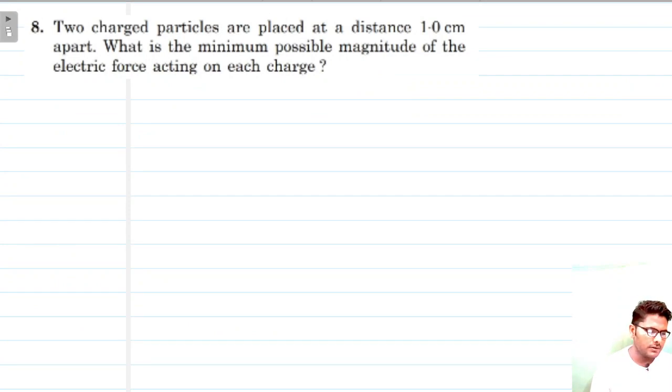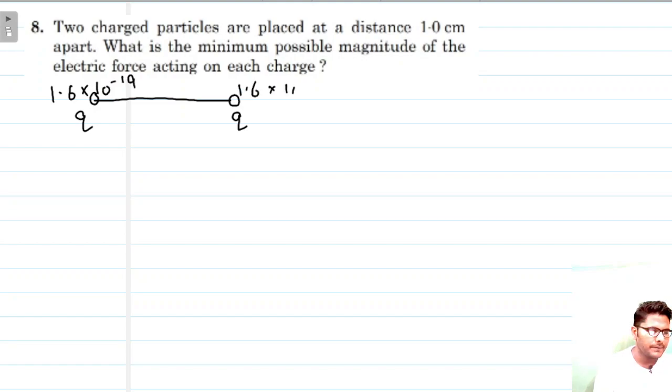Question number 8. Two charged particles are placed at a distance of 1 centimeter apart, and what should be the minimum force between them? So for the force to be minimum, the smallest charge possible in nature is the charge on an electron or a proton. So the charges should be minimum. The separation between them is given as 1 centimeter, or you may write 0.01 meters.